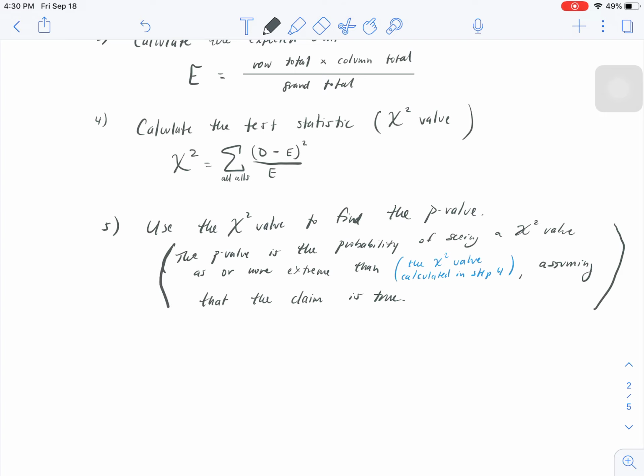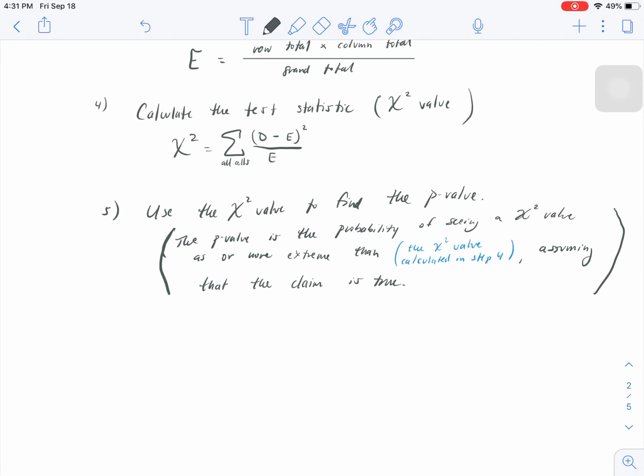So I'll say that again. The p-value is the probability, assuming that our claim is true, assuming that there is no relationship between our two variables. It's the probability of seeing a chi-squared value as or more extreme than, in our case, 8.4.